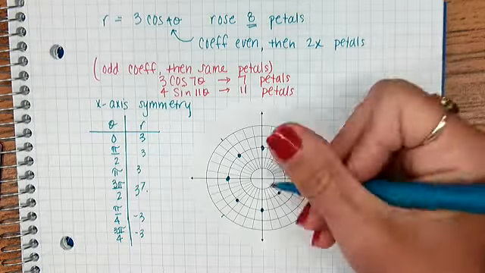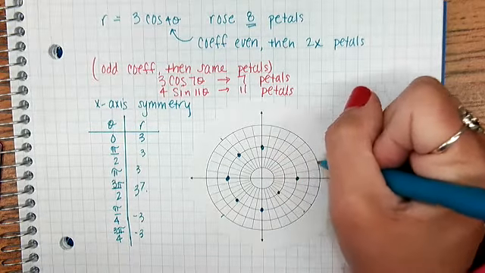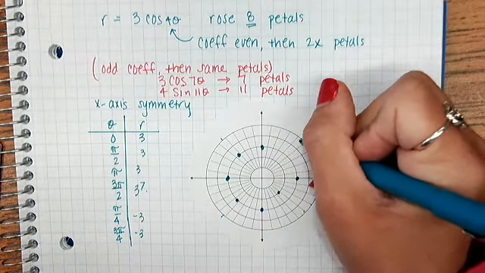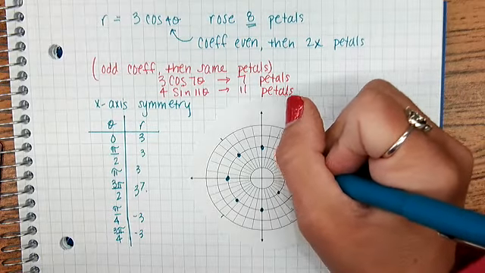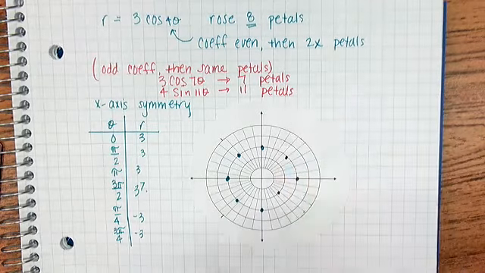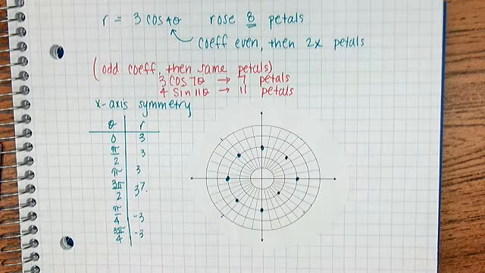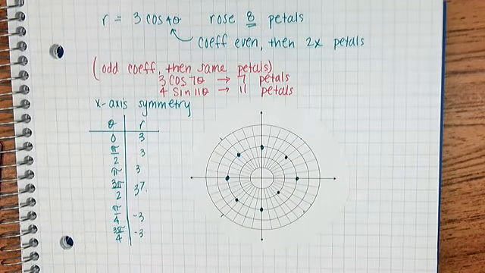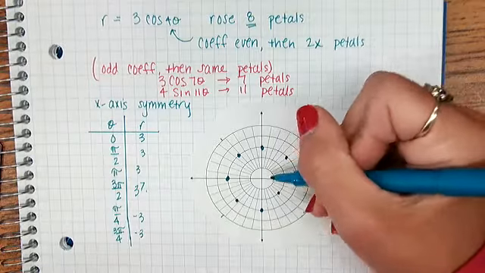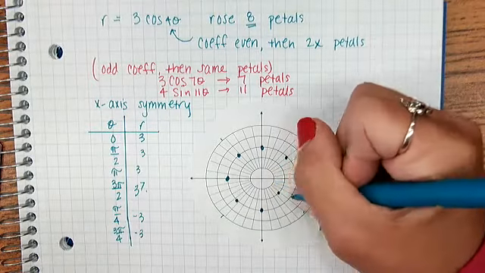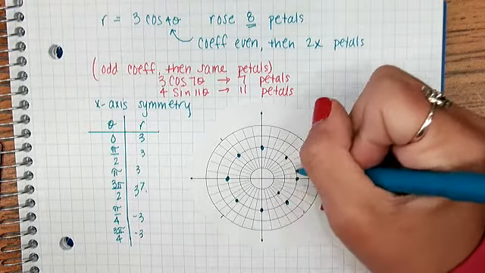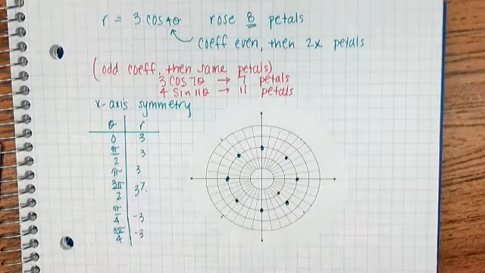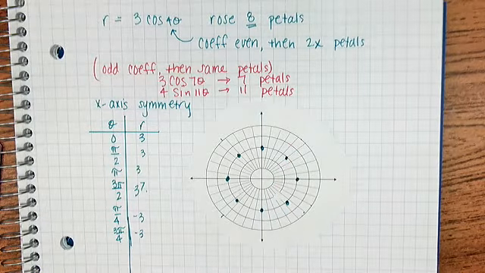Reflected over the x-axis. Okay. This is not correct. This should be here. This point is incorrect. This graph does indeed go through the origin.